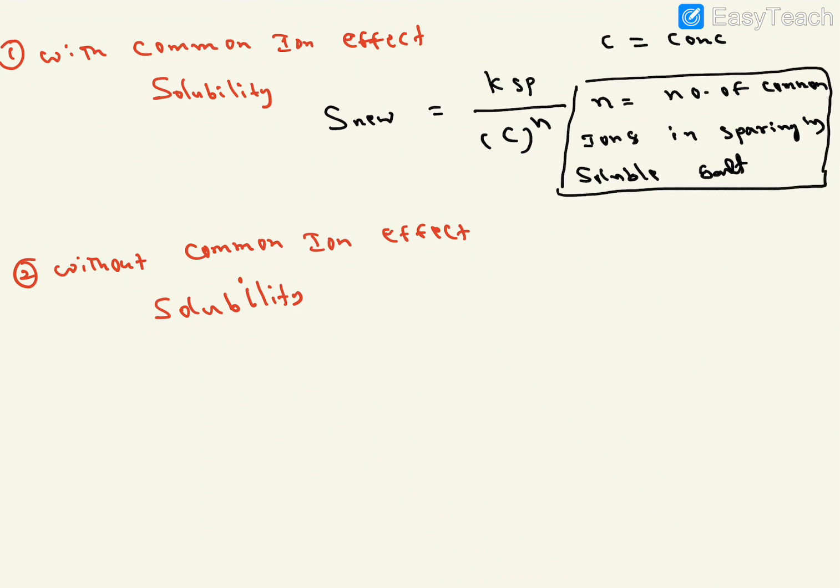We take only the sparingly soluble salt's common ion, and C is the given concentration, whether 0.1, 0.2 or 0.3, whatever the given concentration is.